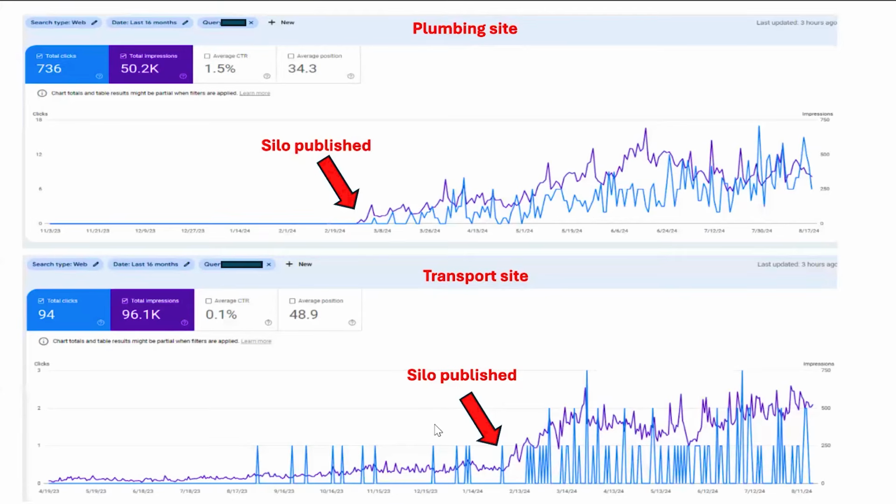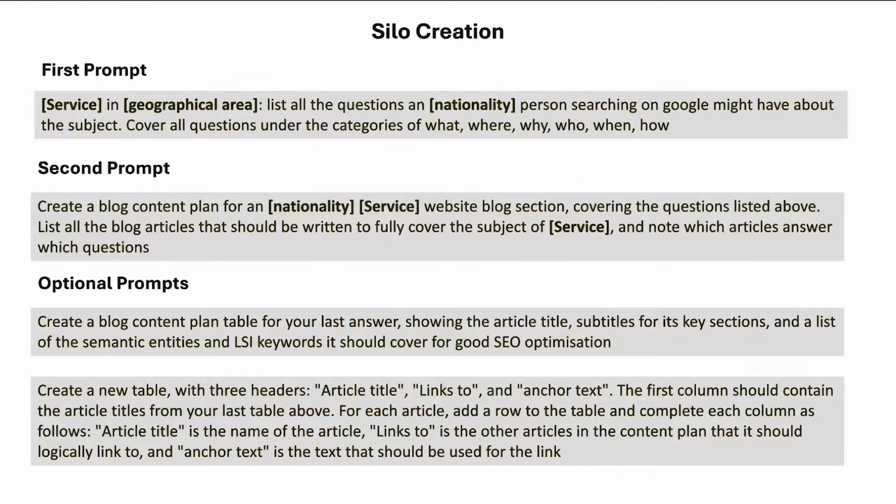So I don't know, moving farm machinery, for example. Every page in that silo that gets created from this is going to be an internal link back to that page, but it's also going to link internally between each other where it's logical to do so, as you would normally do. So once you've got this list, you can just keep on iterating and keep asking it to give you more and more stuff.